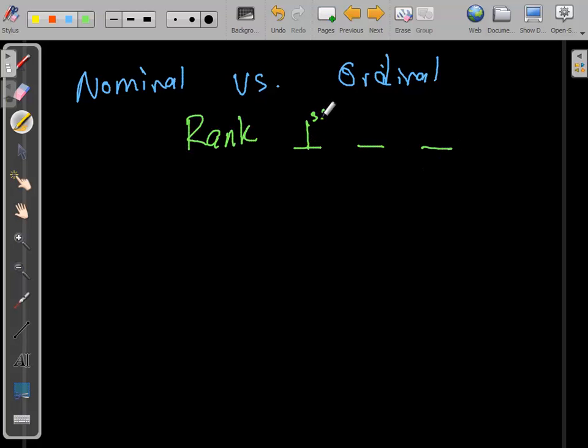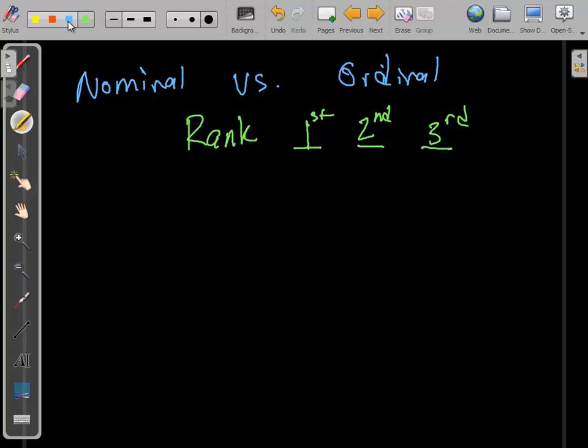So we have first, second, third. Even though these are names, we might say that this person is in first place. It's a definite ranking that is different than being in second place. But if you were to put a name to it like color blue, does blue go before red? Does it go before yellow? Does yellow go before red? There's no definite order to those.